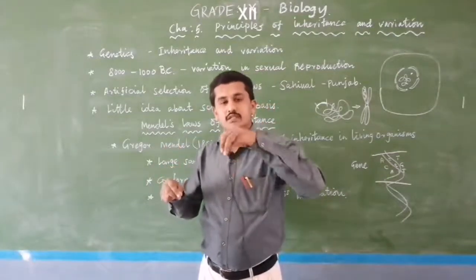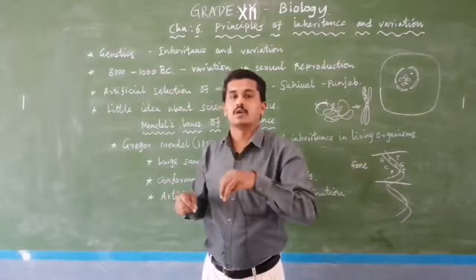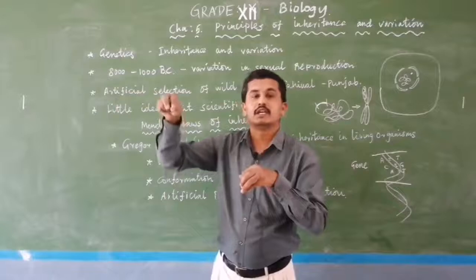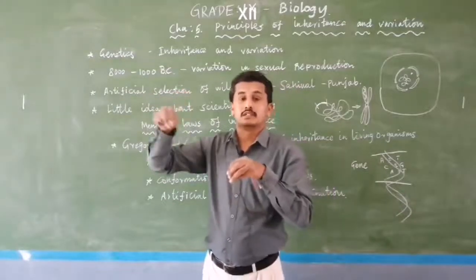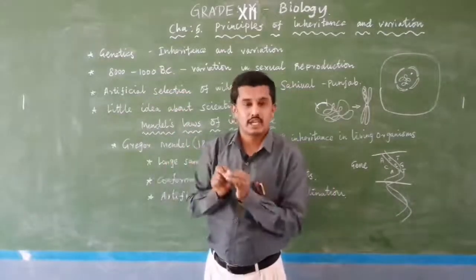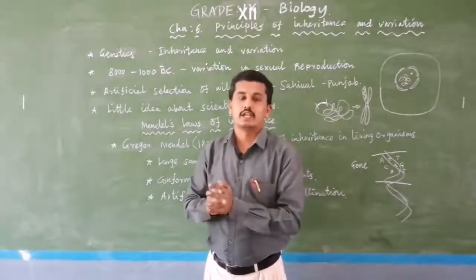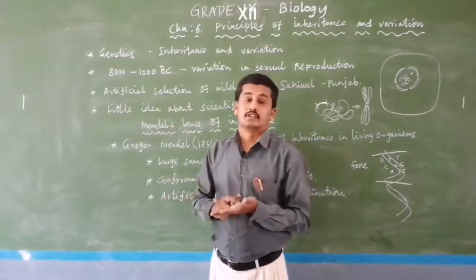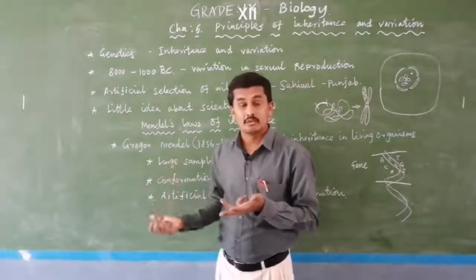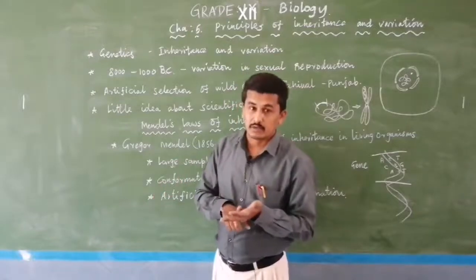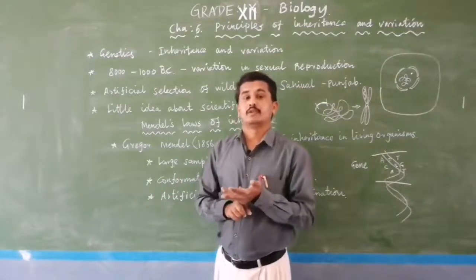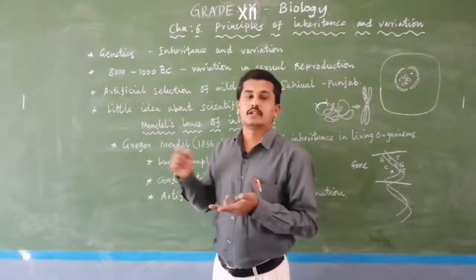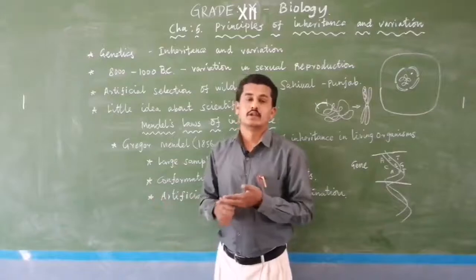So we take the high disease resistant female cow and give it the male gamete from the high milk producing cow, artificially hybridizing the two varieties. We introduce a new variety of cow which contains both characters, high disease resistant power and high milk yielding power. That is a hybrid breed, a new variety.